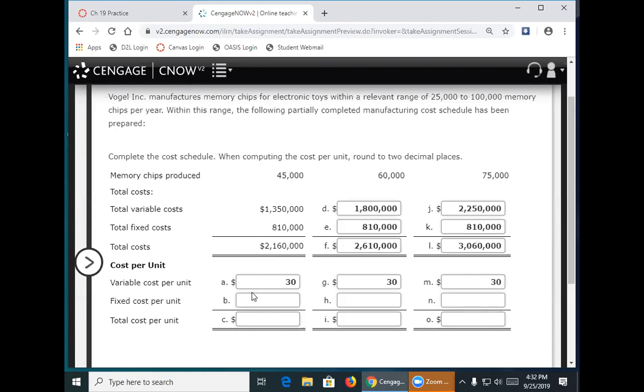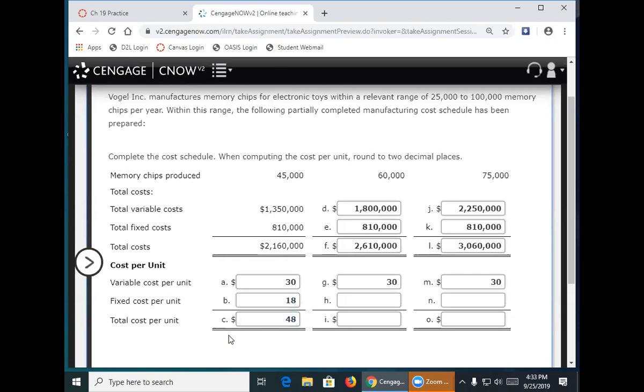Yeah, it's $18. Very good. So when I produce 45,000 units, my total unit cost is $48. These are product costs here. My total product cost is $48 per unit.